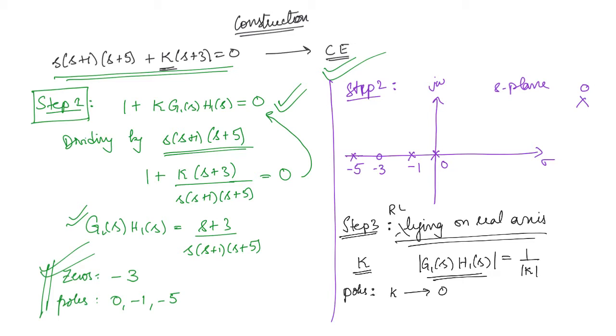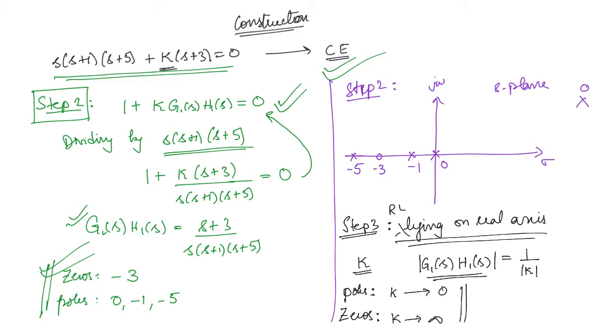Similarly, at the zeros, the magnitude of g1(s) h1(s) will be 0, so 1/k is 0 means that k is infinite. These are the two points that you have to remember: at poles, the value of k is 0 and at zeros, the value of k is infinite.